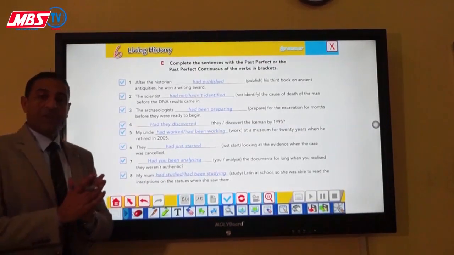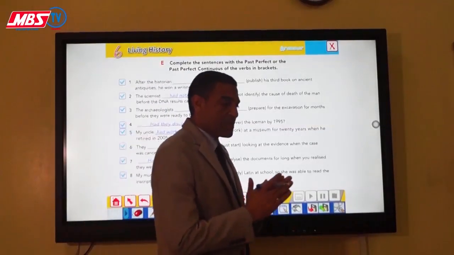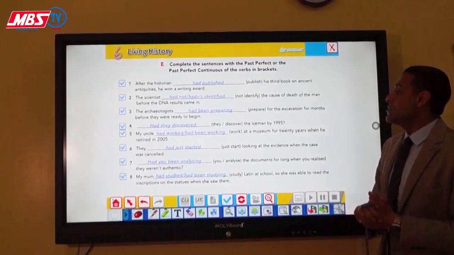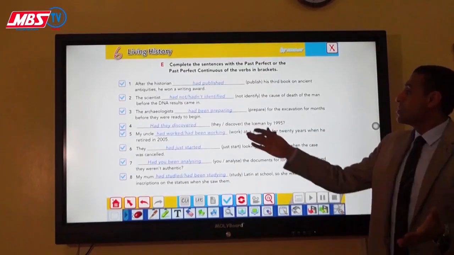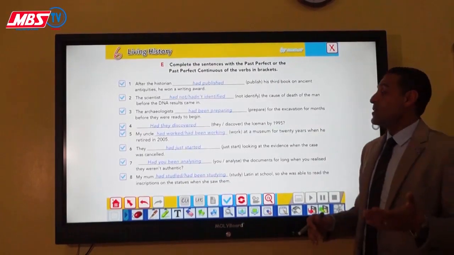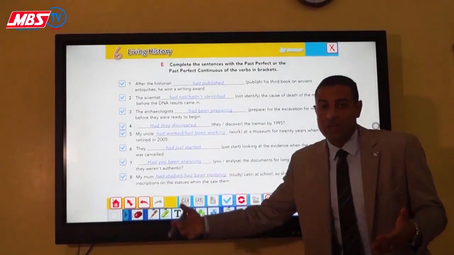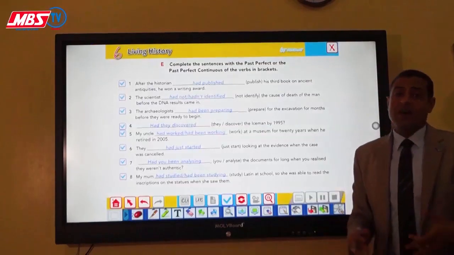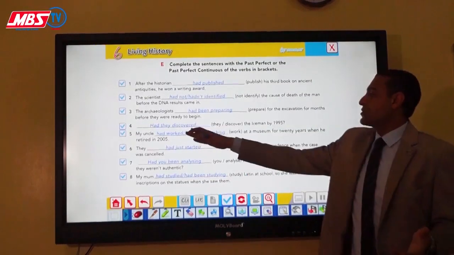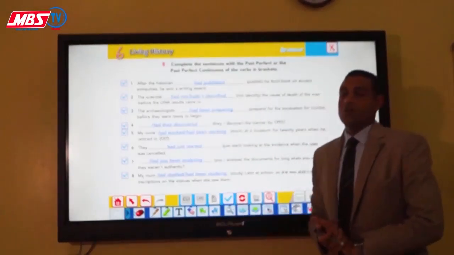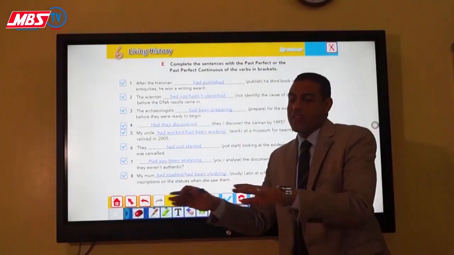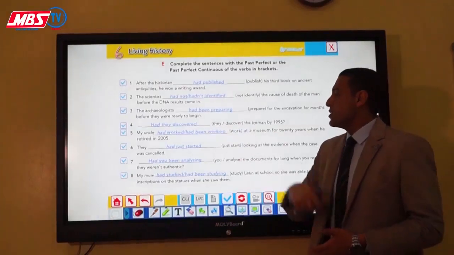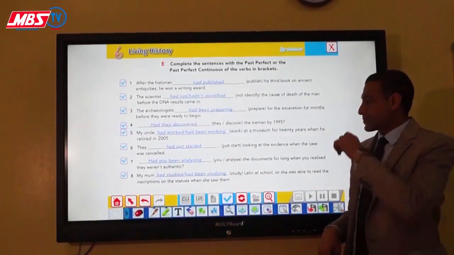If I tell you that he took a long time working in this museum, so the action was in progress during some different years. But when I use the past perfect tense, I just focus on the time that he stopped working, or he worked and now he stopped working. So it's okay to use both tenses here.